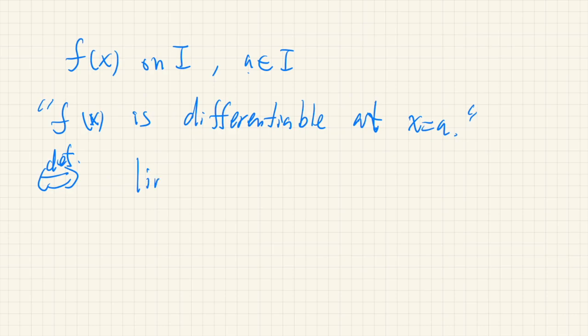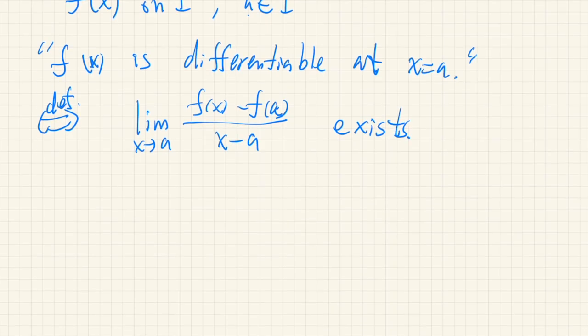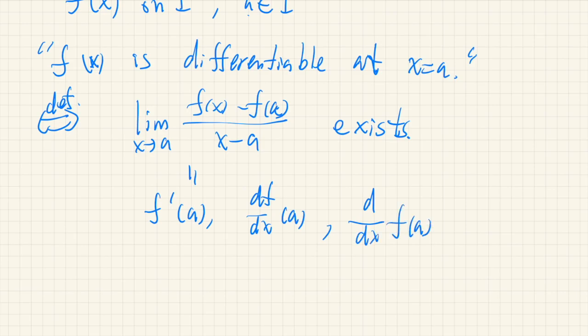That is, this limit, f of x minus f of a divided by x minus a as x approaches a, exists. And when this limit exists, we write it as f prime of a, or df/dx of a, or d/dx f of a.